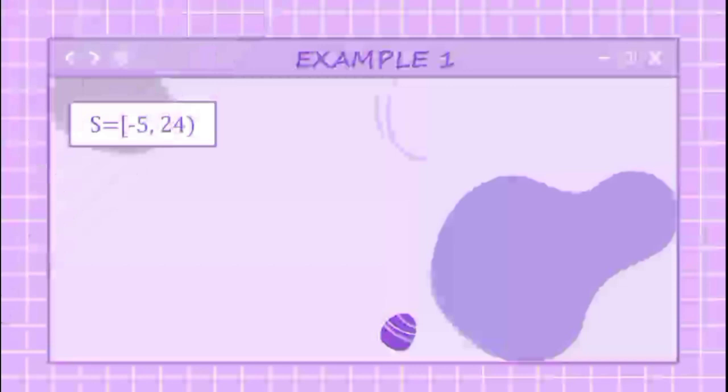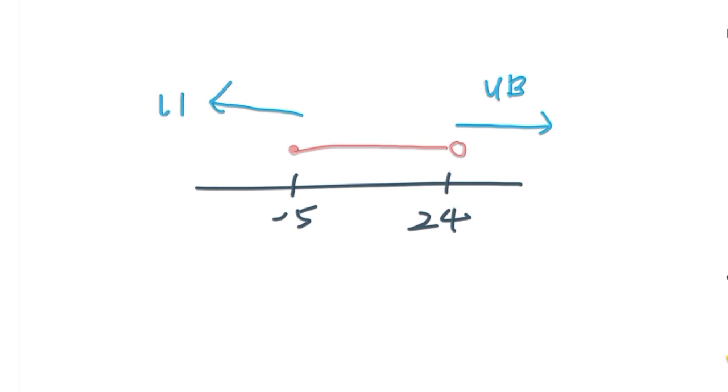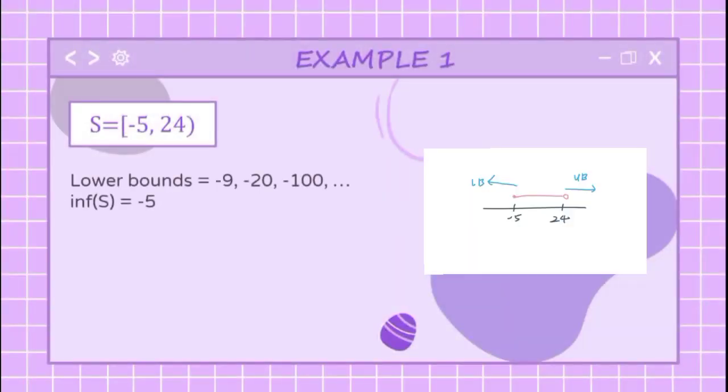and supremum actually work. The first one is, let's say, S is a half-closed interval from -5 to 24. This is how it looks if you transfer it on the real number line. Then there are many lower bounds such as -9, -20, or maybe -100, but the greatest one is -5.